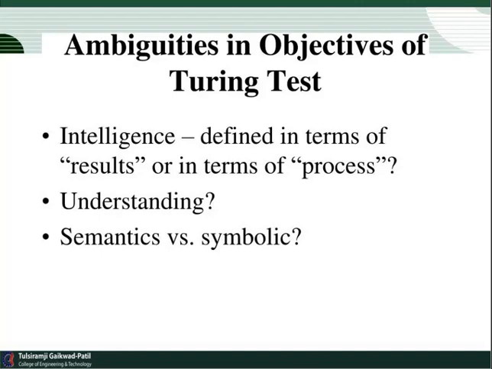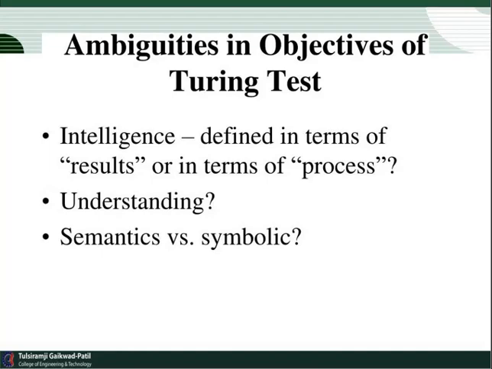So what are they? The first is intelligence defined in terms of results or in terms of a process. Many people may think that if you are doing the process very accurately, then you are doing your task very nicely. But some people are result oriented. They are not at all concerned with how you are doing that particular task. They are only oriented toward their results. So if someone is doing good processing, will we say that person or machine is intelligent?